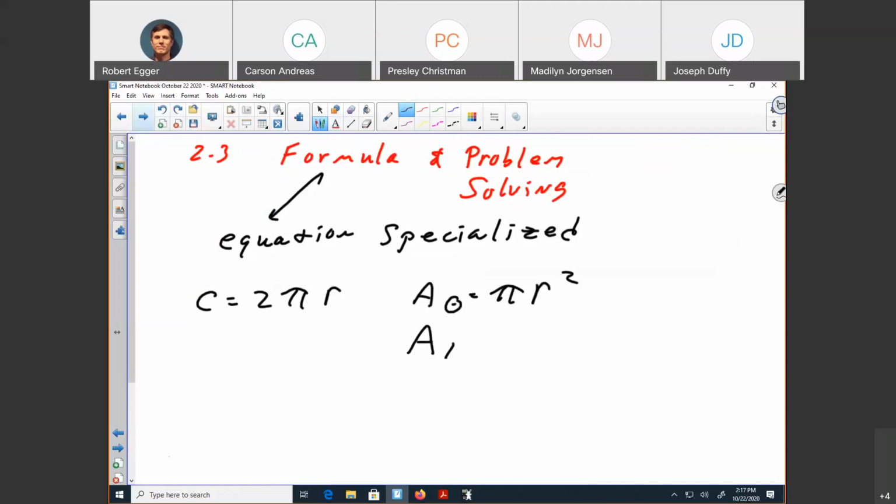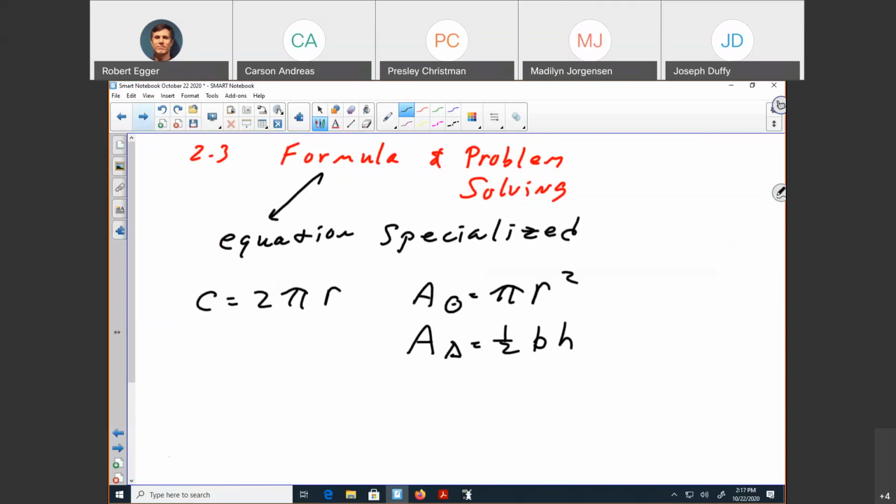One half base times height, and so forth. So a formula is just an equation that is specialized, has a job, has a specific function, with specific variables. R is radius, C is circumference, B is base, H is height.